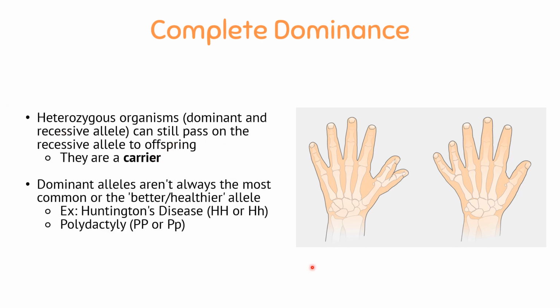It's important to note, however, that dominant alleles aren't always the most common or the better or healthier allele, and we tend to assume that. For example, in Huntington's disease, the dominant allele is what causes the disease, or in polydactyly, which is extra digits on your fingers, it is the dominant allele that results in this phenotype.